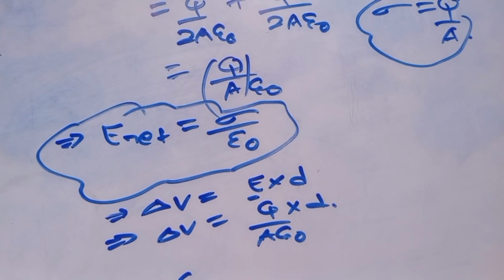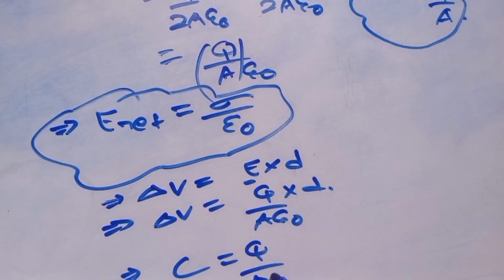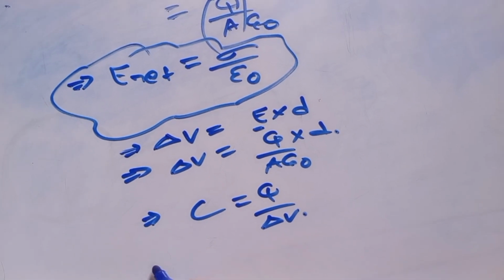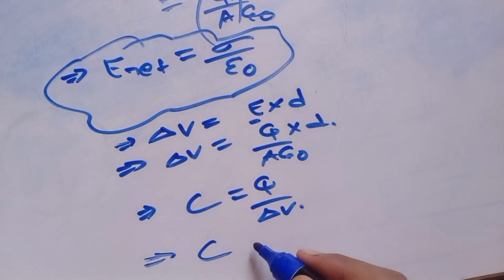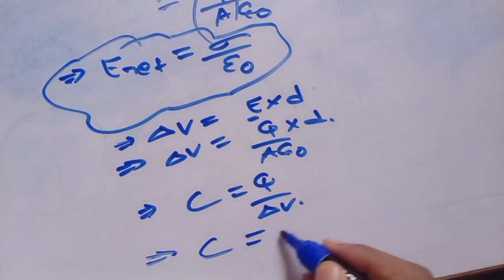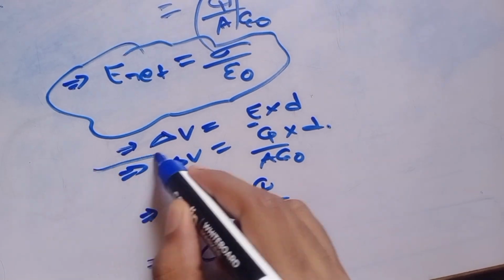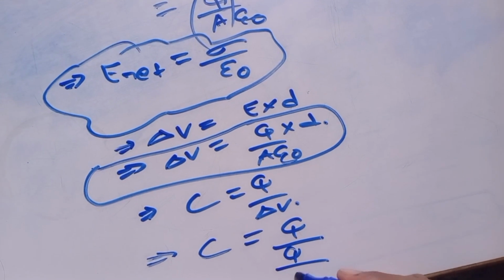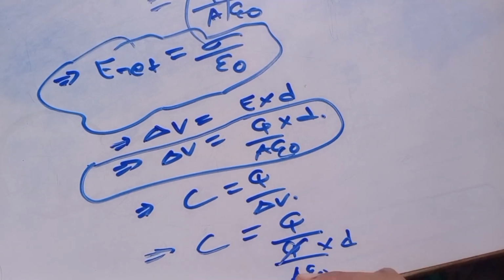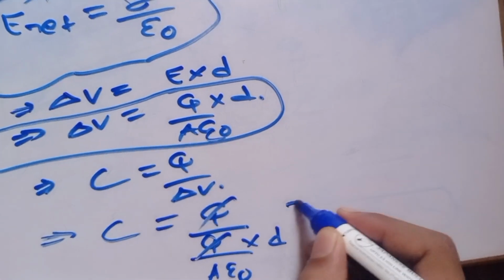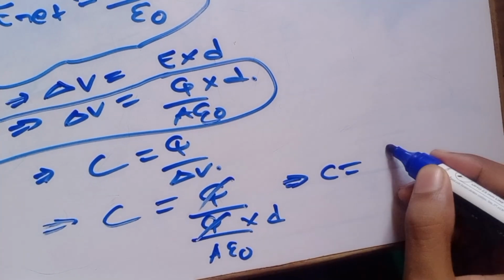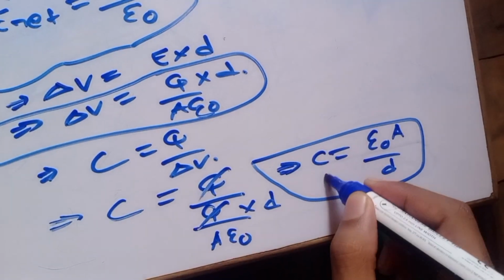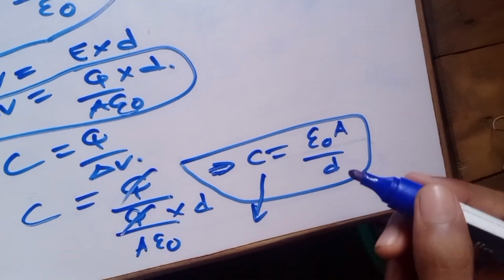So capacitance equals Q divided by delta V, as we discussed previously. So the capacitance of a parallel plate capacitor is C equals Q divided by delta V, which is Q divided by (Q D divided by A epsilon naught). Cancelling Q, capacitance equals epsilon naught A divided by D. So this is the capacitance of a parallel plate capacitor.